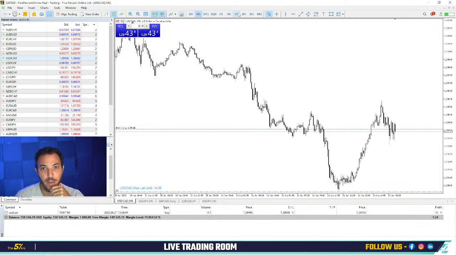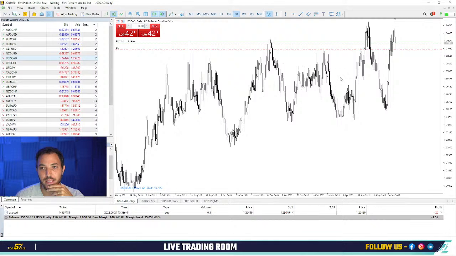So my view right now on the USD CAD: over the last weeks, we have a very clear dollar strengthening against major pairs. We see that all across the board, and the same with USD CAD, which is the pair I have open here.